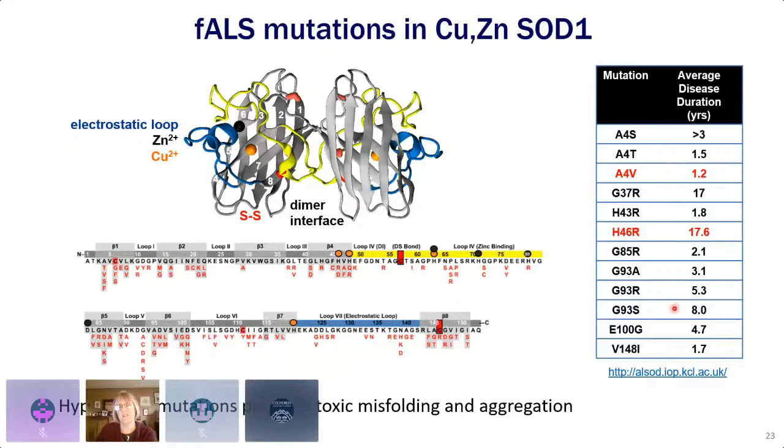So we know there's this trend, and we'd like to understand how different forms of the protein might misfold and aggregate. Here I'm showing you the holoprotein. We've done work on different forms of the protein, but what I'm going to talk about today is the reduced apoprotein, which is actually just a monomer with no bound metals and the disulfide reduced. That one is of interest because it's marginally stable.